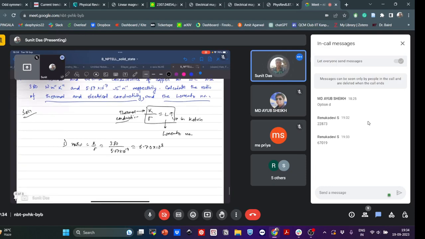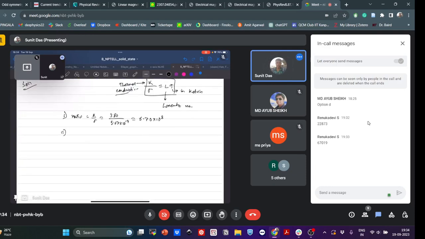Now the second part is Lorentz number. So Lorentz number is K by sigma T, right?